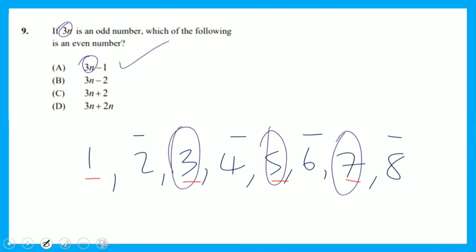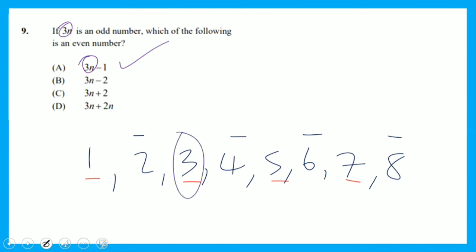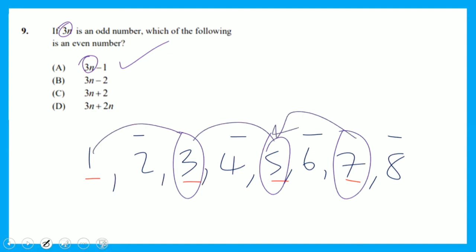So good. Why wouldn't B work? If any of these represented that odd number 3n, and we try to subtract 2 from that, we would actually end up with another odd number. If we add 2, the same thing happens.